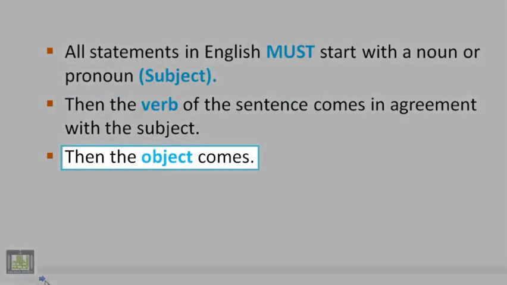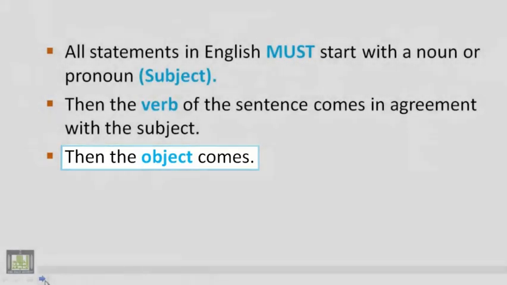And then we have the object, in case the verb is a transitive verb. But if the verb is an intransitive verb, we do not have any object.